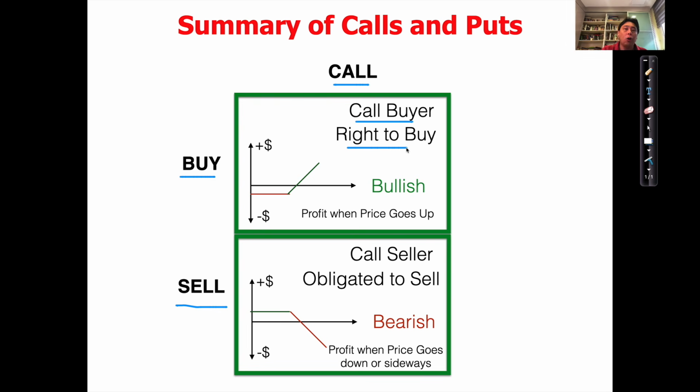Always remember, when you buy a call, you have the right to buy the shares. When you sell the call, you're obligated to sell the shares. Okay? So as a call buyer, you profit when the price goes up. As a call seller, you profit if the price goes down or doesn't go up. In other words, it stays where it is, stays sideways or goes down, you make money.